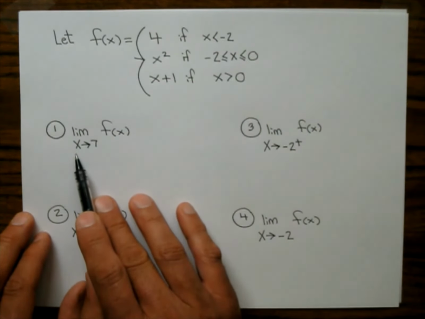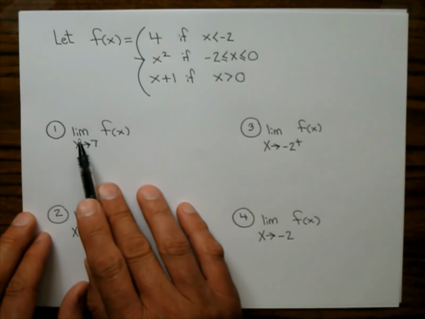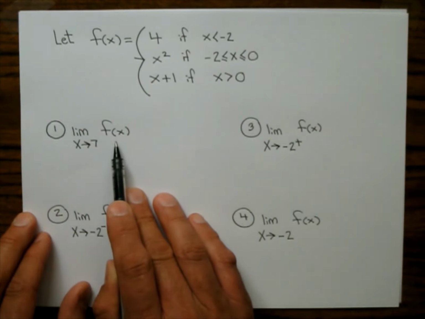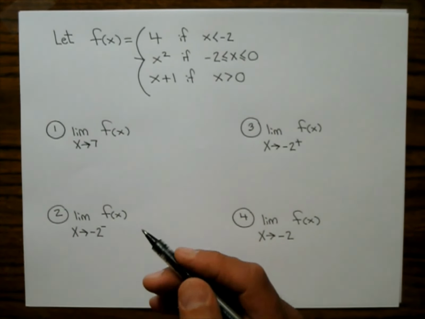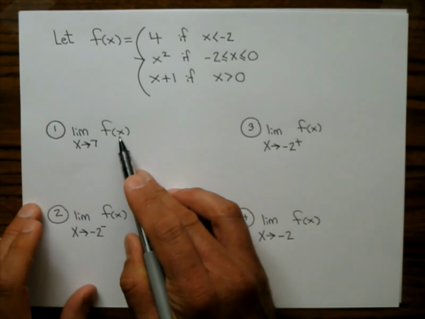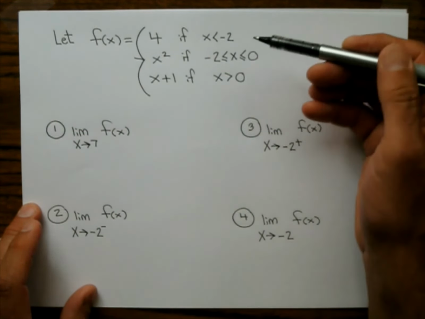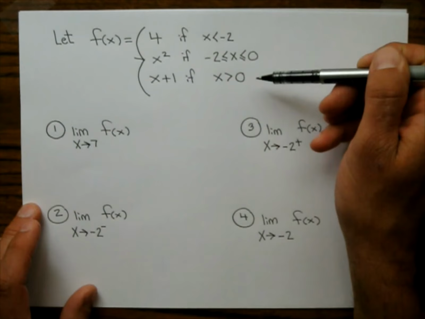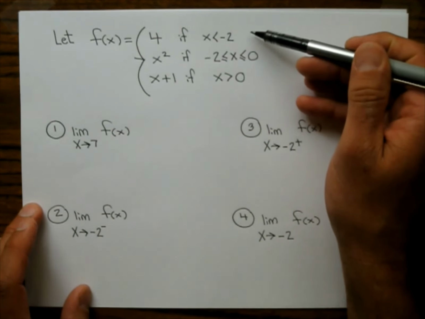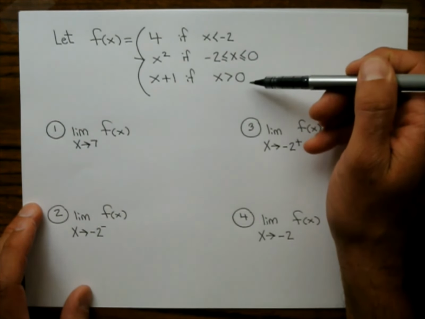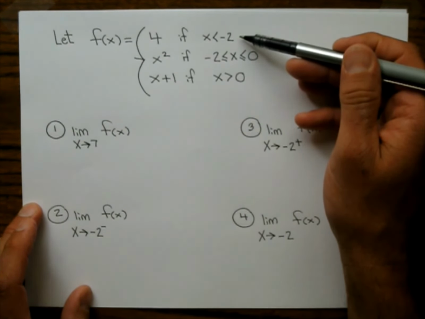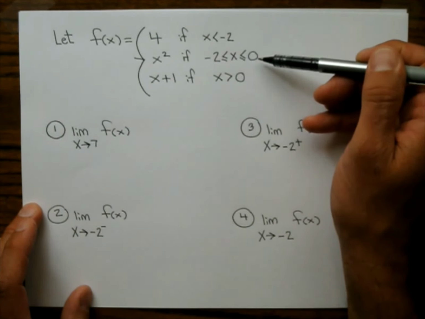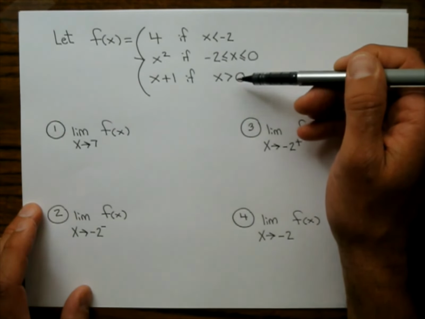But right over here, number 1 says the limit as x approaches 7 of this function. Really what we want to do is put 7 into the function. So you have to know how to feed this function a 7. 7 is not less than -2 and it's not between -2 and 0, it's greater than 0.